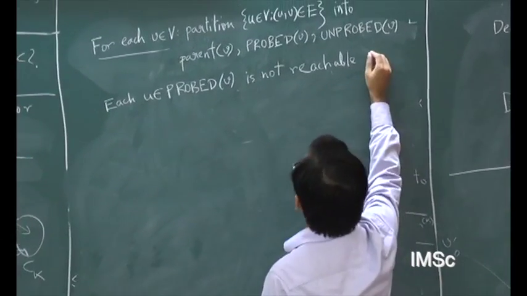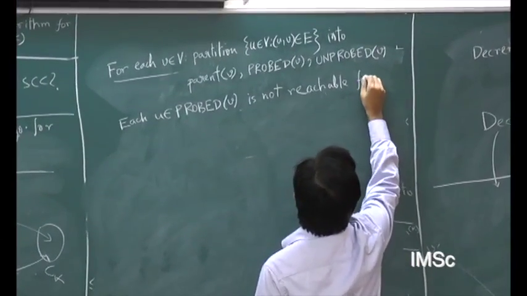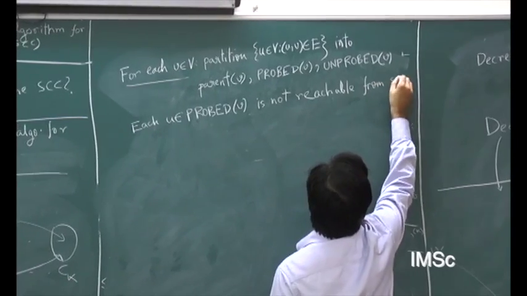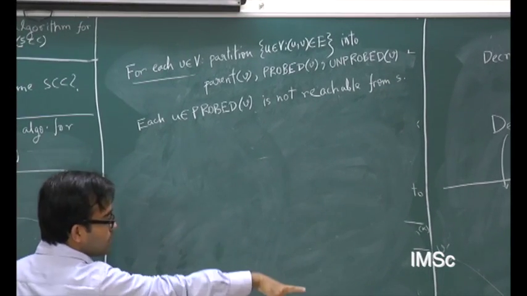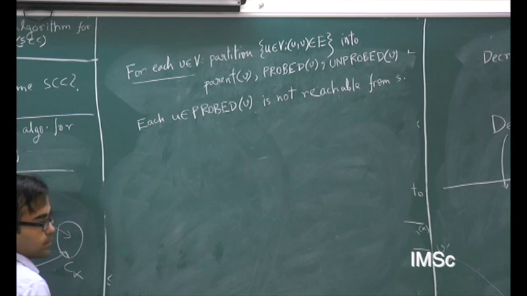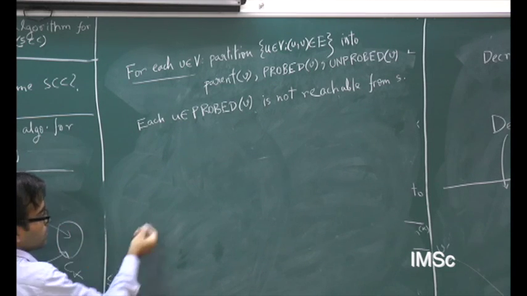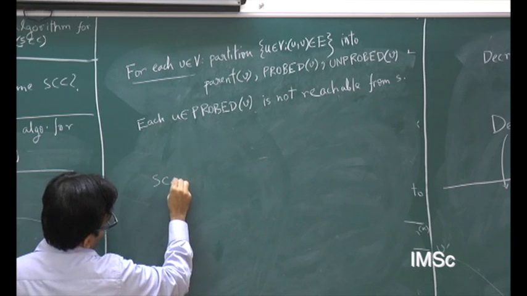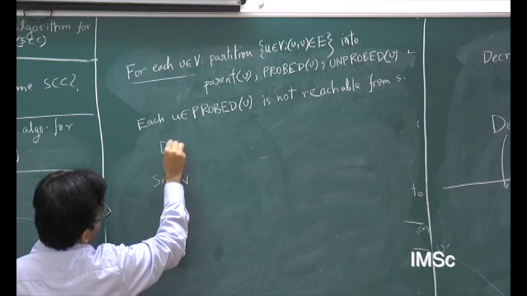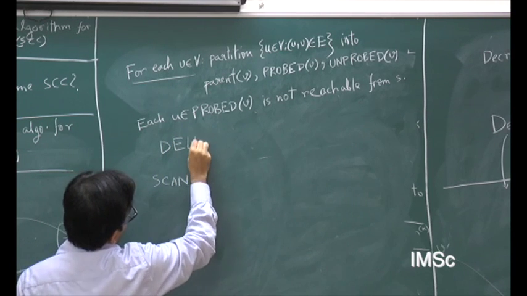Each probed V is not reachable from S. And then how to fix this edge deletion? I am just writing it very fast. Okay? You are just fixing this thing, delete UV.